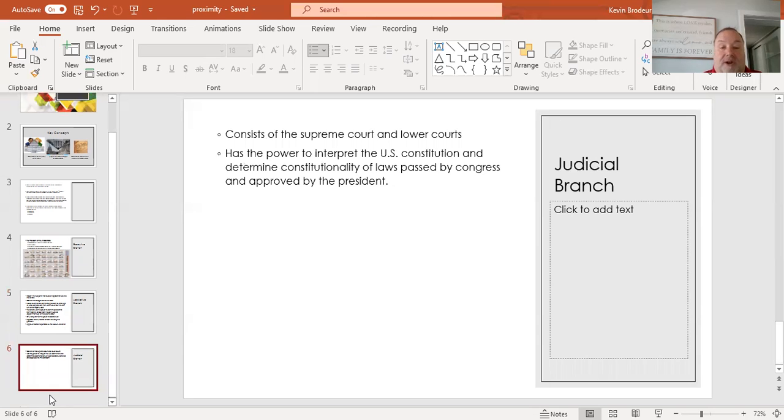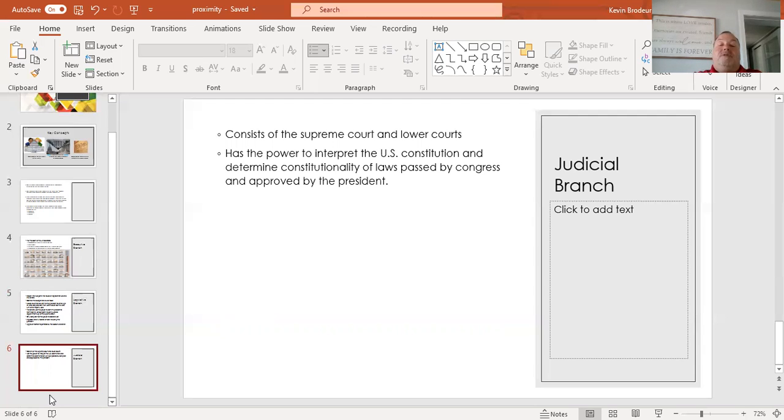Finally, we have the judicial branch. The judicial branch consists of the Supreme Court and the lower courts. The judicial branch has the power to interpret the US Constitution and determine the constitutionality of laws passed by Congress and approved by the president. You may hear when you're listening to the news that someone has gone to court to fight against a particular law, and that fight has eventually gone all the way up to the Supreme Court.